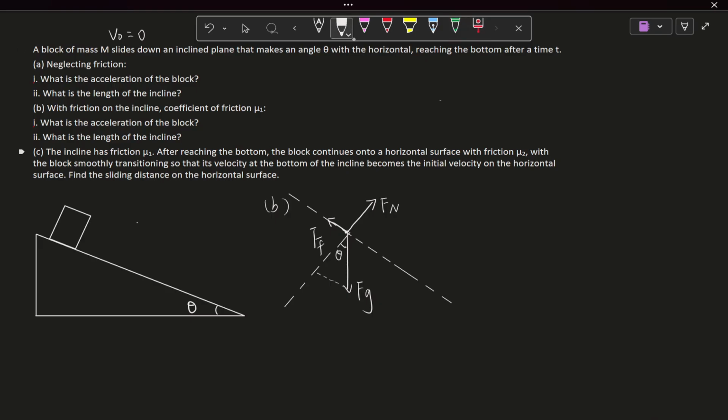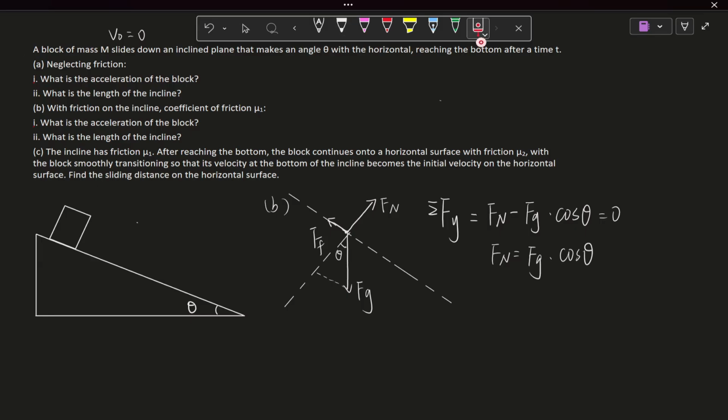And then you can write the net force equation, since the block is not moving upward or downward perpendicular to the incline. We get net force Y is equal to Fn minus Fg times cosine theta is equal to 0. We get Fn is equal to Fg times cosine theta.